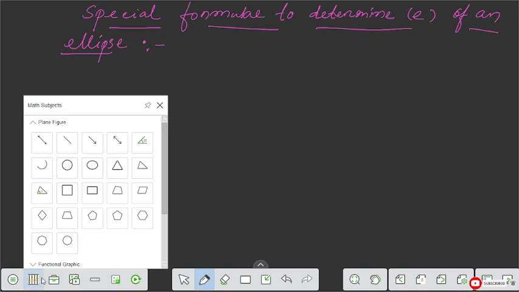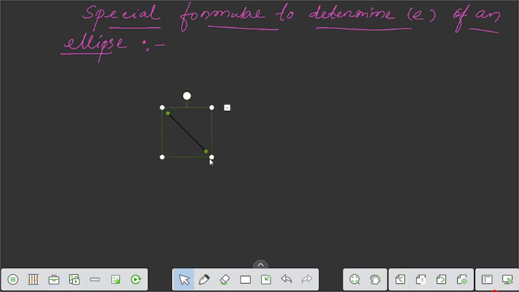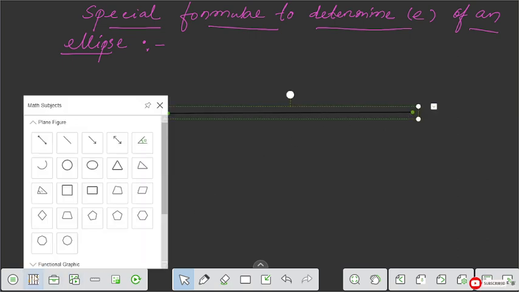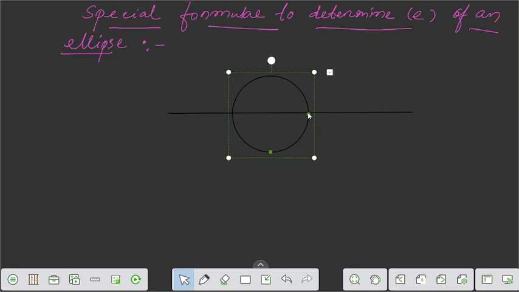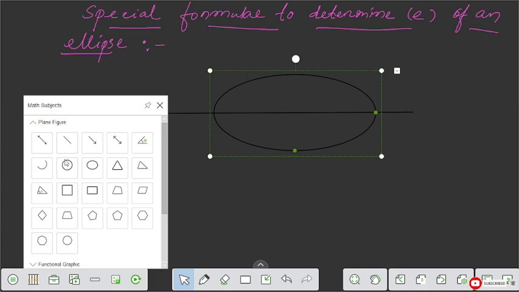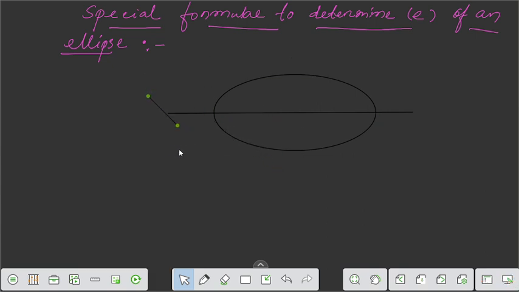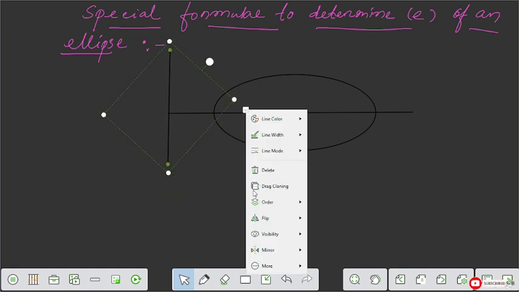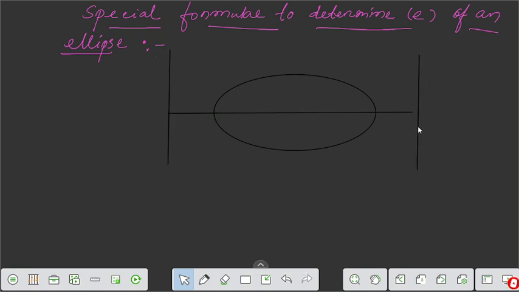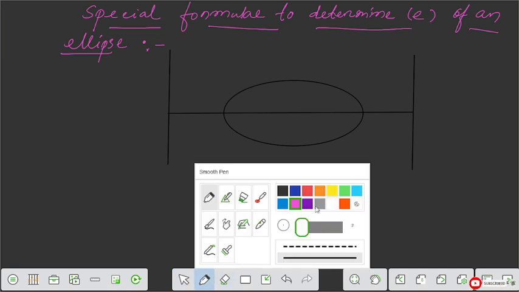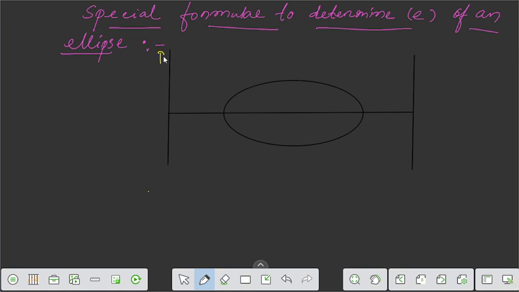So for this we just draw an ellipse. These are the directrices, DX.